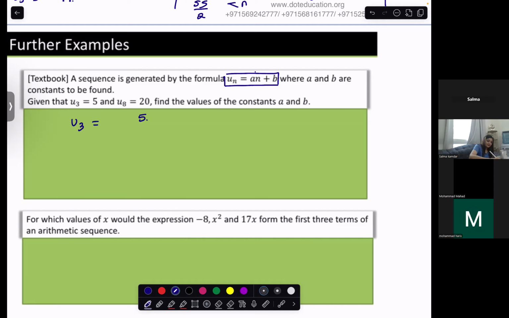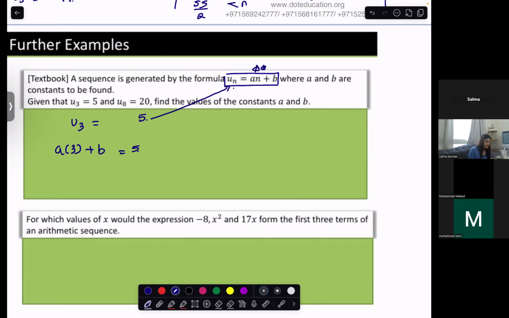That means I have my Un is An plus B. So my U3 is A times 3 plus B, equal to 5. I'm putting this in this formula.